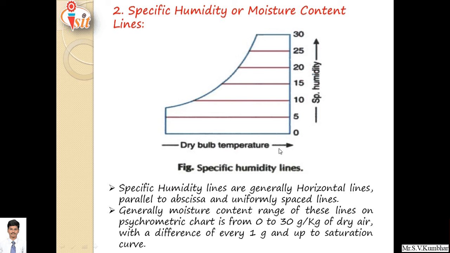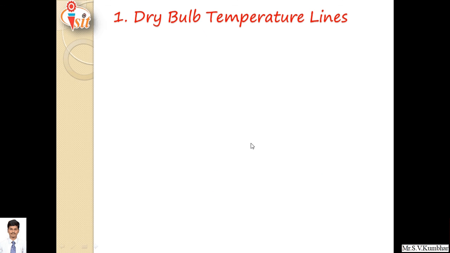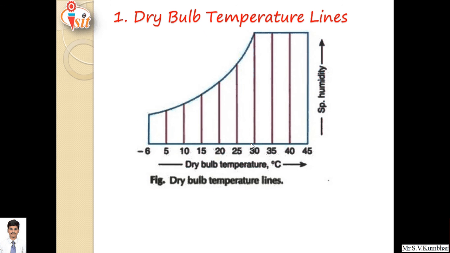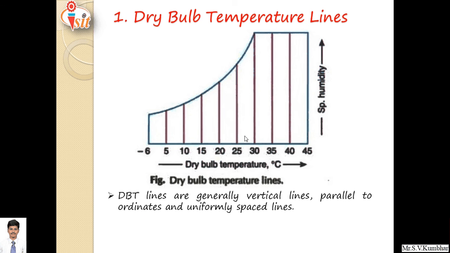The next part is related to dry bulb temperature. Dry bulb temperature lines are vertical lines, parallel to the ordinate, that is the y-axis, which is specific humidity, and uniformly spaced.